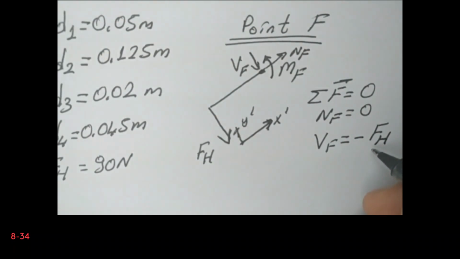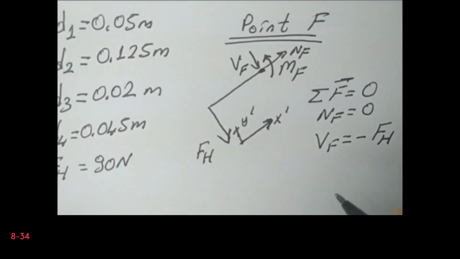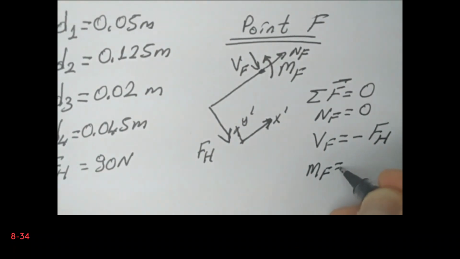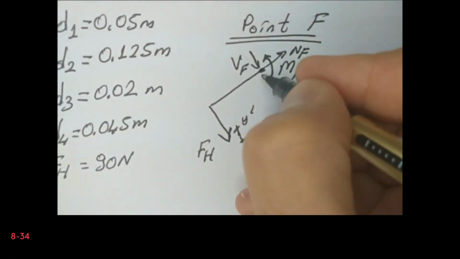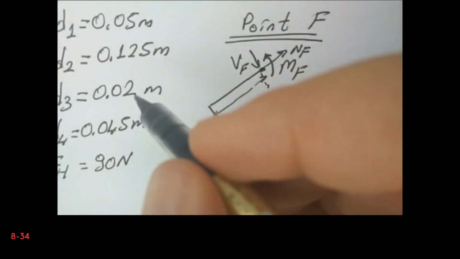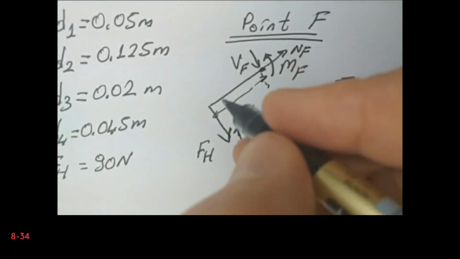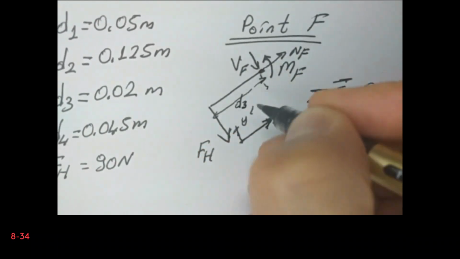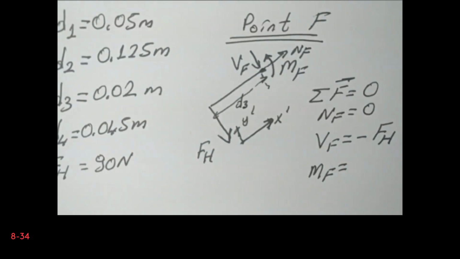And Mf is equal to, remember that this distance is already known, it is d3, so this is where we make the cut. Sorry, this is not Fh, this is Fd.